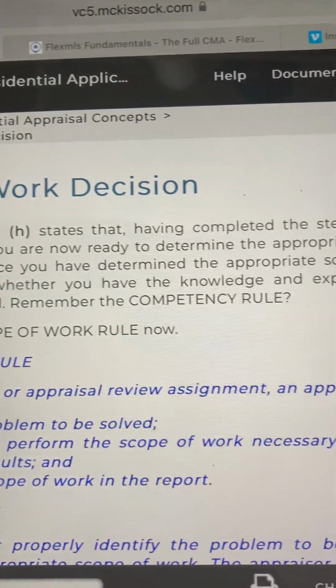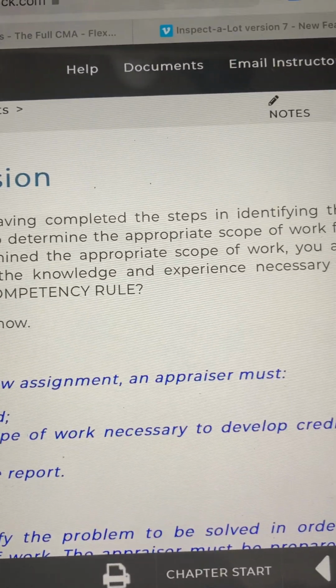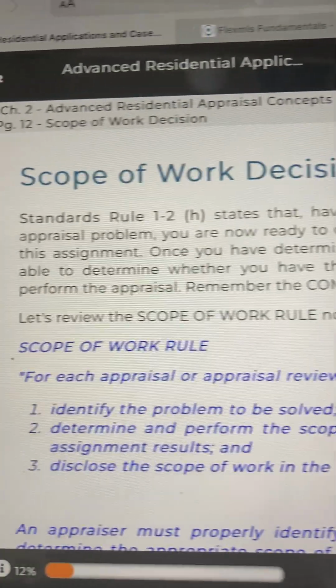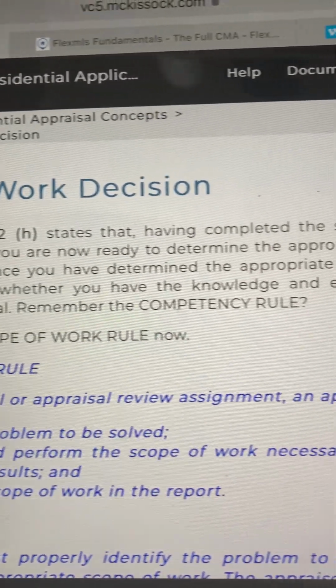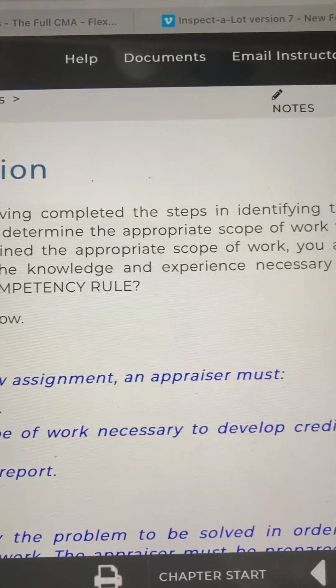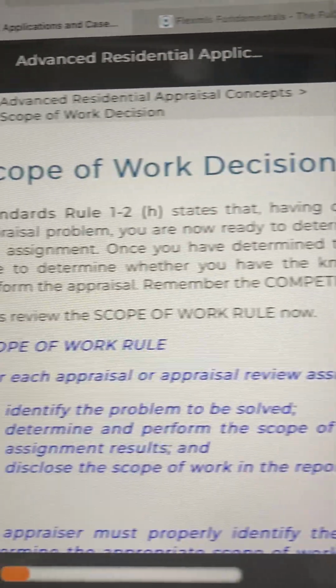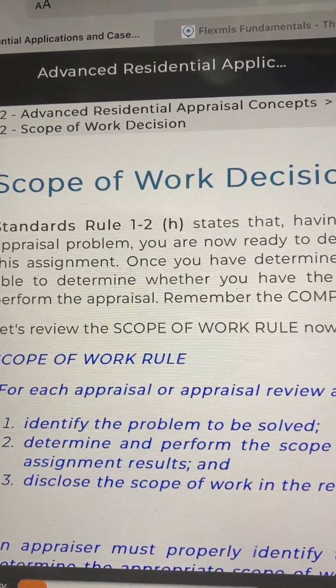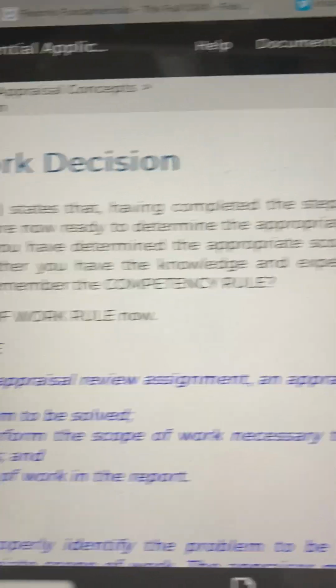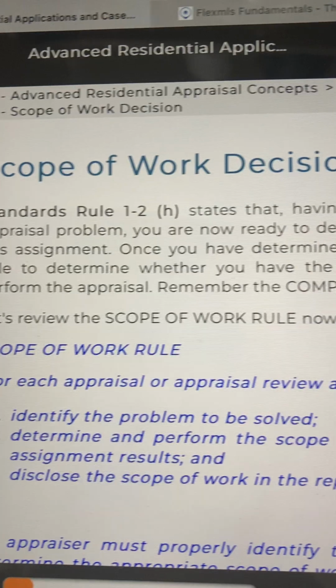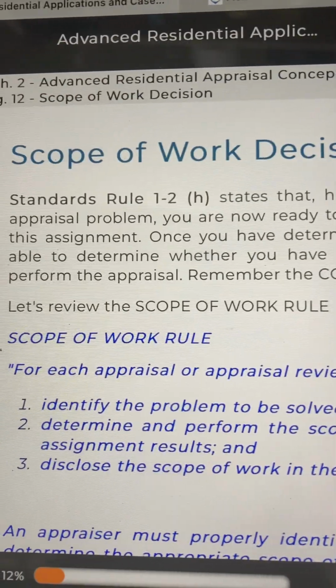Once you have determined the appropriate scope of work, you are able to determine whether you have the knowledge and experience necessary to perform the appraisal. Remember the competency rule? Let's review the scope of work rule now.